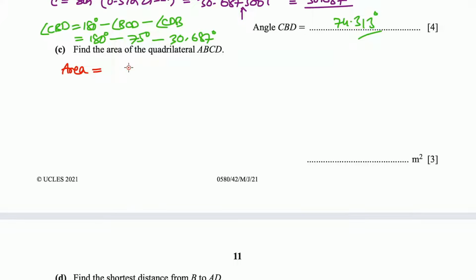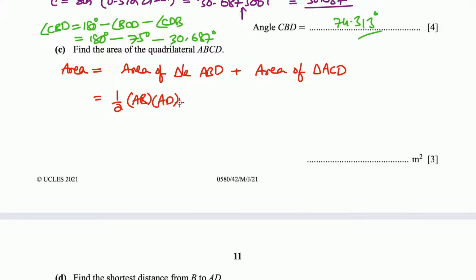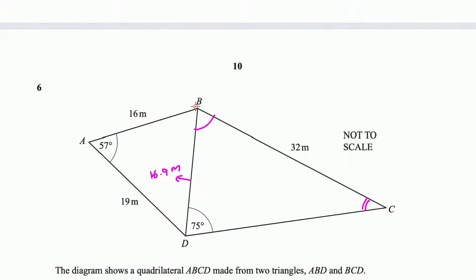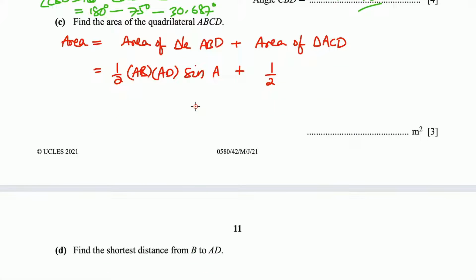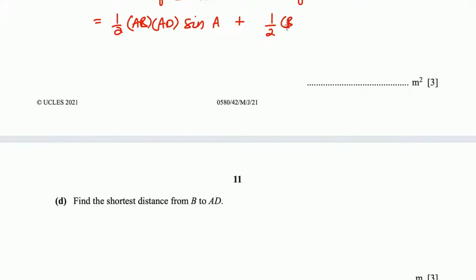So area is equal to area of triangle ABD plus area of triangle BCD, and this we can write as half into two consecutive sides, which is AB into AD into the sine of the included angle, plus similarly for this triangle the two sides that we know are BC and BD, half into BC into BD into sine DBC, because that is the angle in between both of them.